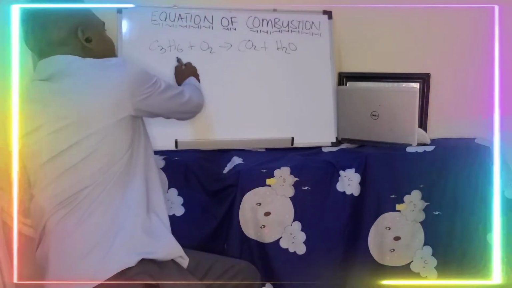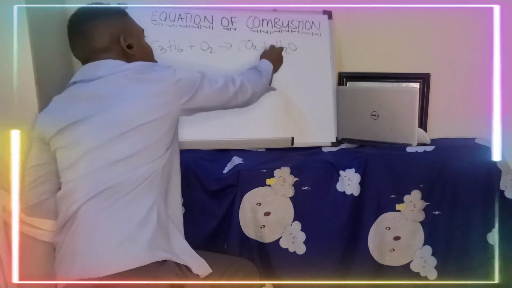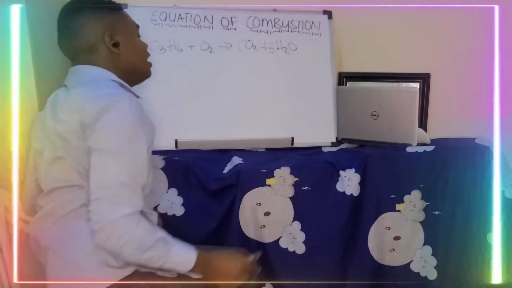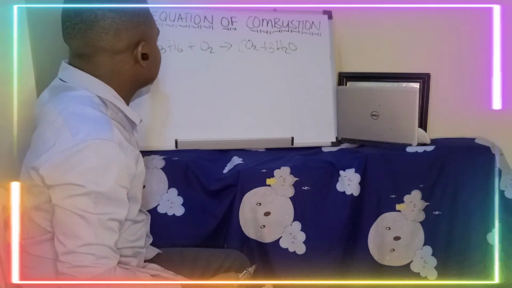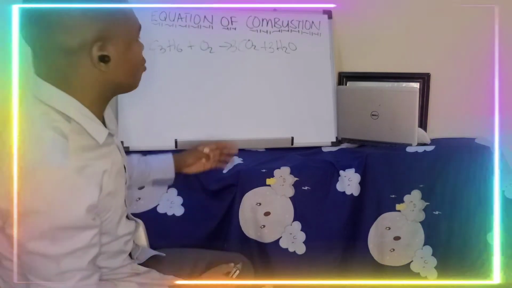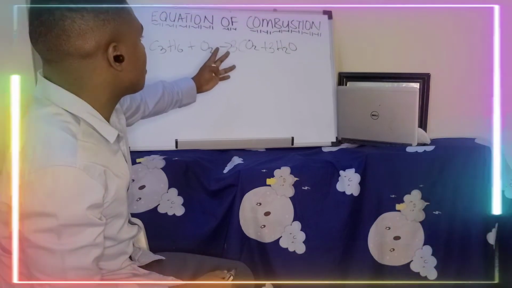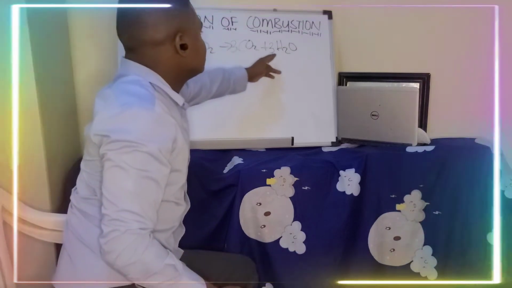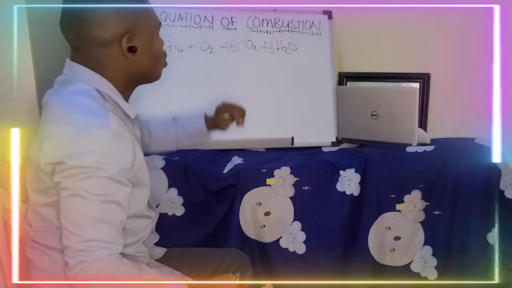So now we're going to say there are 6 hydrogen atoms and then there are 2 hydrogen atoms. We're going to put a 3 there and then that is going to be 6. And then here there are 3 carbon atoms, here there is 1. So you're going to put a 3 there and then you're going to have 6 oxygens plus 3, which equals 9, and then this side you only have 2 oxygens.